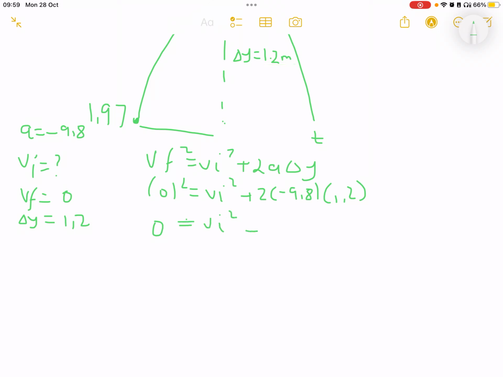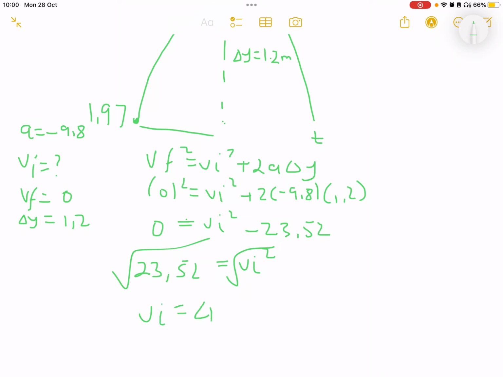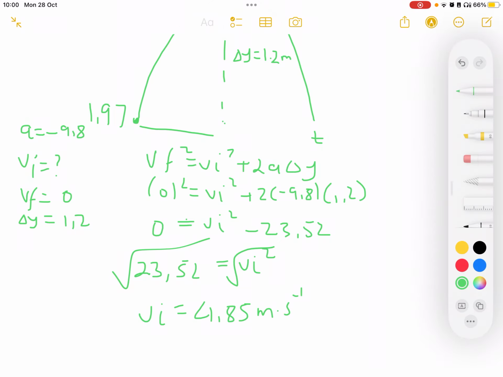And when we do our calculation, we get that 0 is equal to VI squared minus 23.52. Take 23.52 to the left hand side, it becomes positive 23.52 equals VI squared. Then we take the square root on both sides, and then VI is equal to 4.85 meters per second. So it leaves the ground here with a velocity of 4.85.